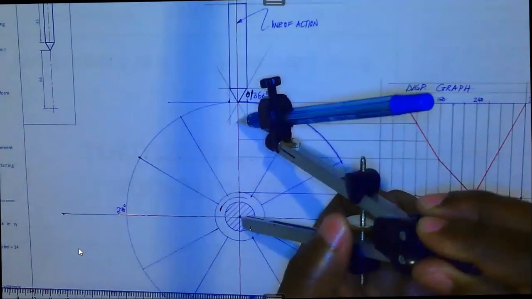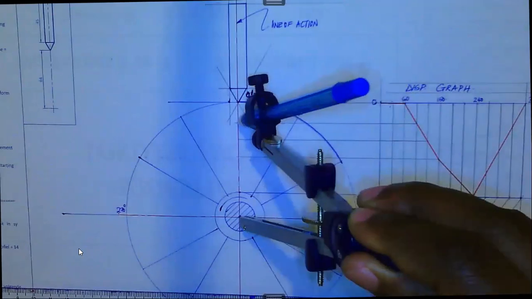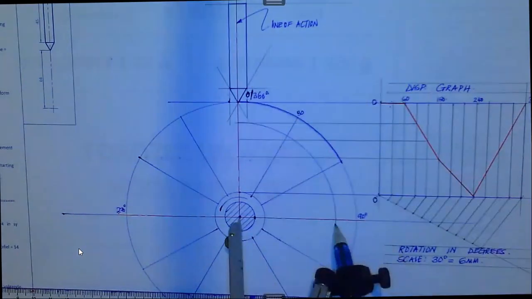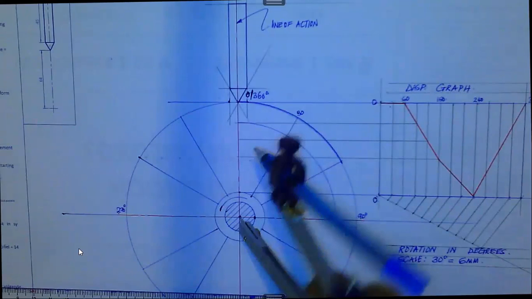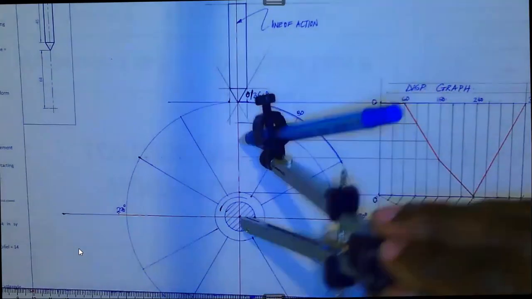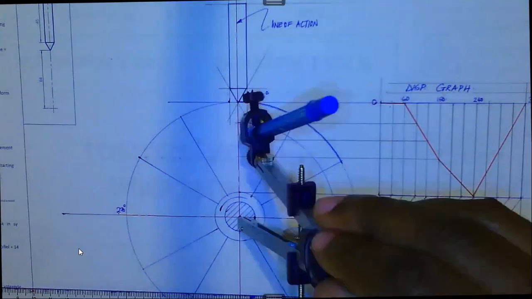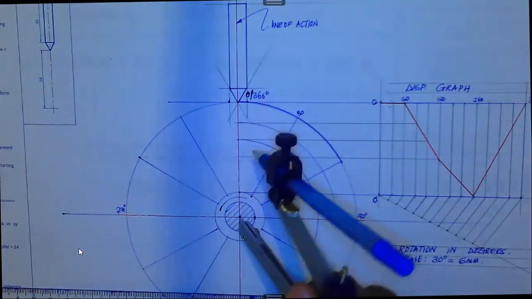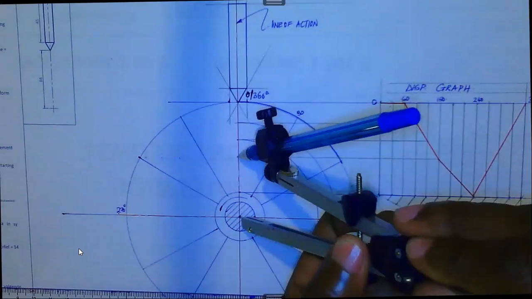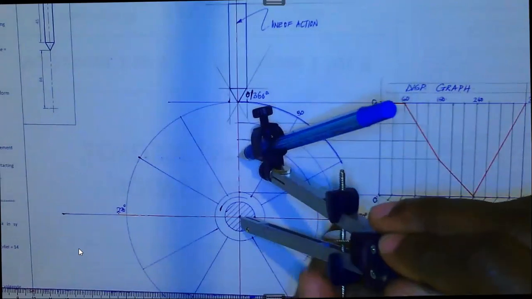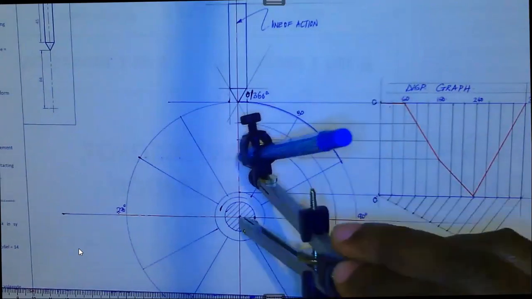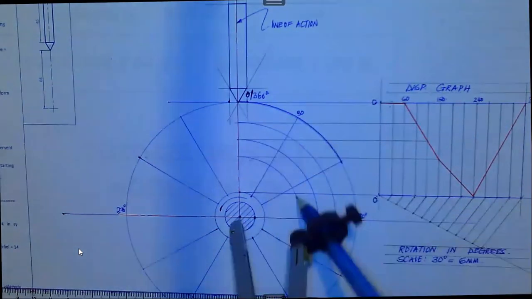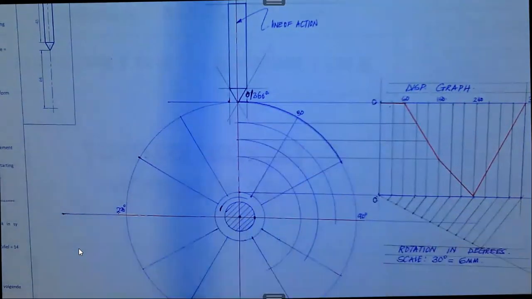So you have got that to the line of action, then you swing through to 90 degrees. Then you do the same. So that's 120, you swing, this is 120. Then this one is 150, like that. Then after 150, we go now to 180, 210.